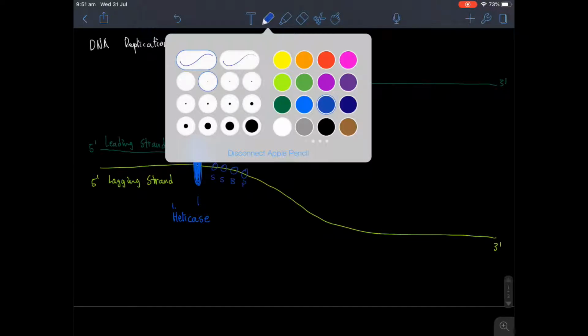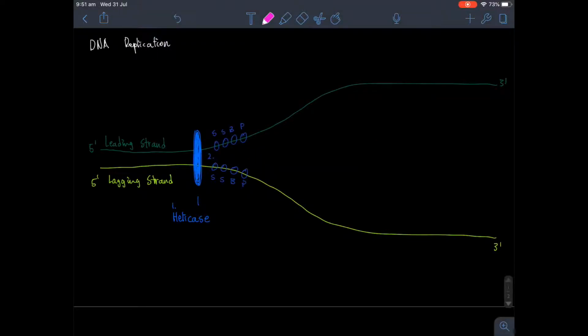reattach to each other. First we start on the leading strand, and DNA always, the new strand is built from its 5' end to its 3' end. And again, it mirrors the leading strand, so it starts on the leading strand's 3' end. First DNA primase sets a starting point and says, okay, we're going to start here.